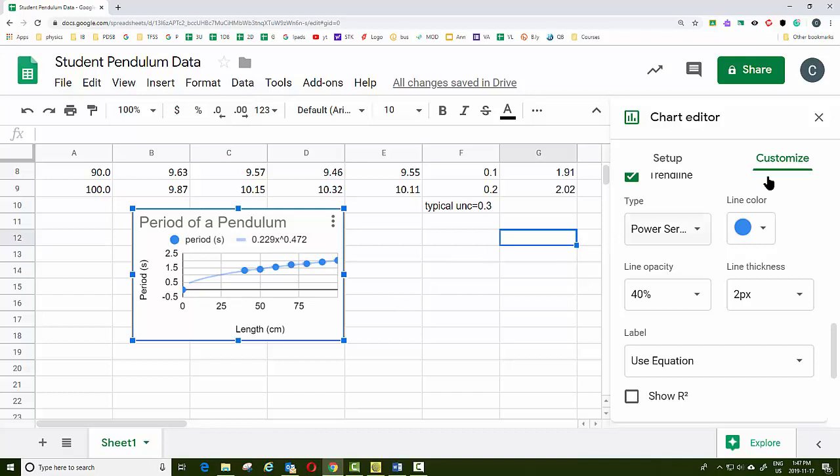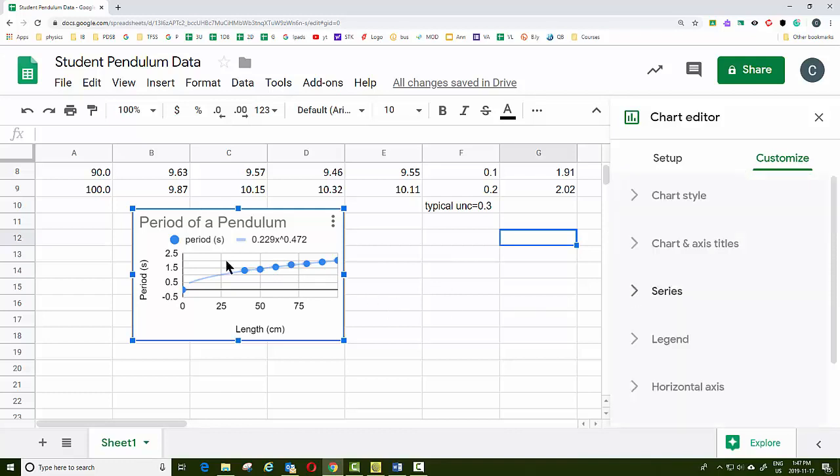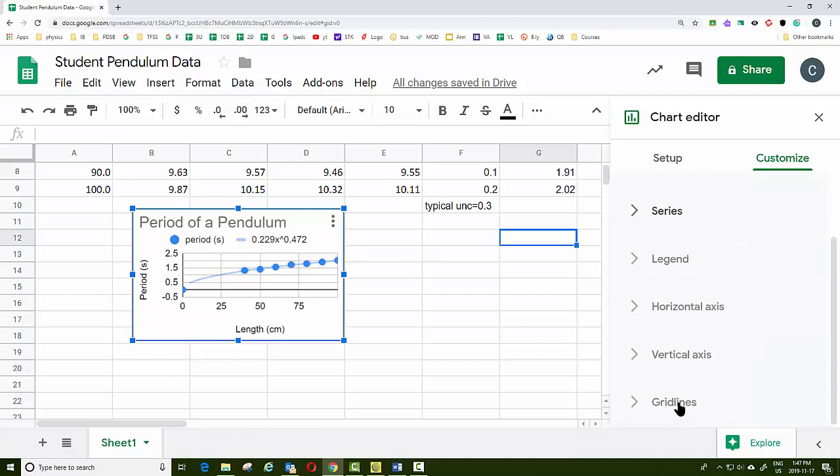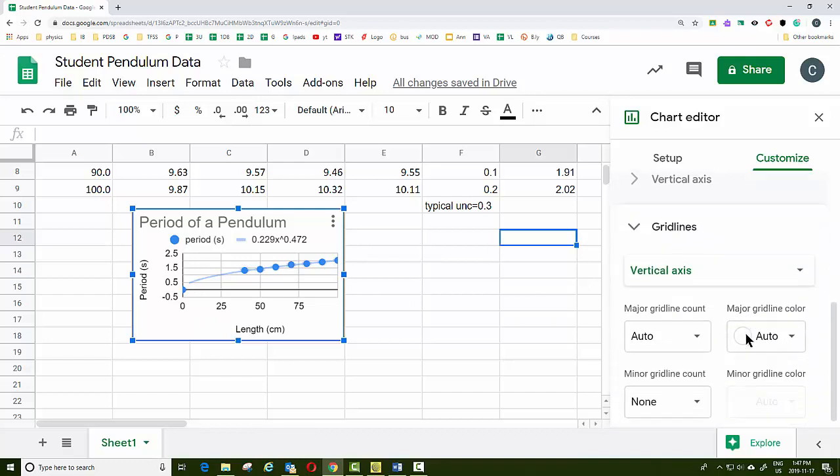Now another thing that I often do is to put some more grid lines, and that comes down here. Grid lines, the vertical axis, so those would be the lines running across. I'd like to have, say, 5 lines in between 0 and 0.5.